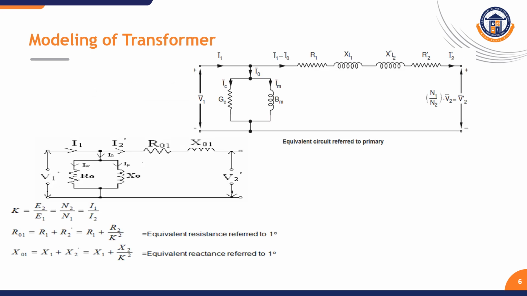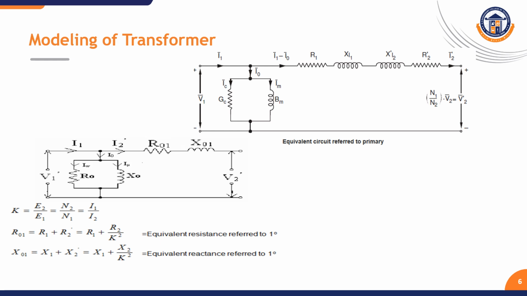Then the circuit diagram shows the modeling of the transformer. We know the transformer consists of two windings, the primary winding and the secondary winding. Each winding has impedance components, just like the synchronous generator or synchronous motor, a resistive component and an inductive component. So in the primary, R1 and X1, and in the secondary, R2 and X2 will be there.